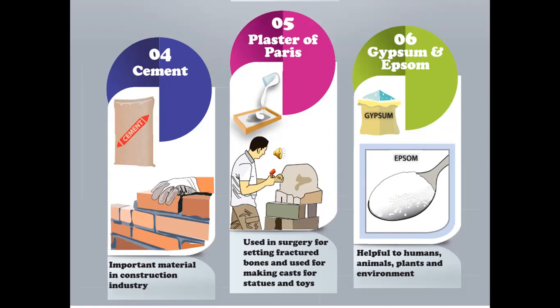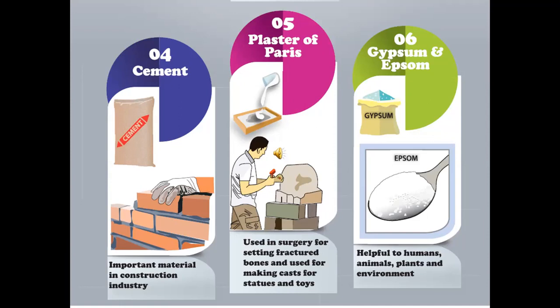Next, plaster of Paris. It is used in surgery for setting fractured bones and for making casts for statues and toys. Next, gypsum and Epsom salt.